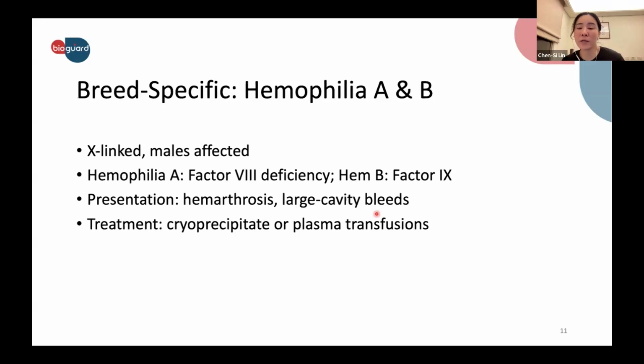We also need to take care to avoid trauma in these dogs, and consider potential gene therapy that will reverse the deficiency of factor 8 and factor 9 and correct this kind of gene defect.